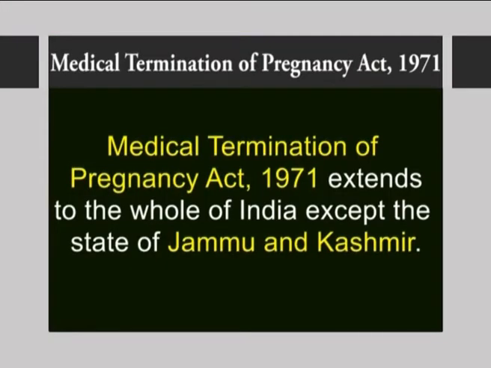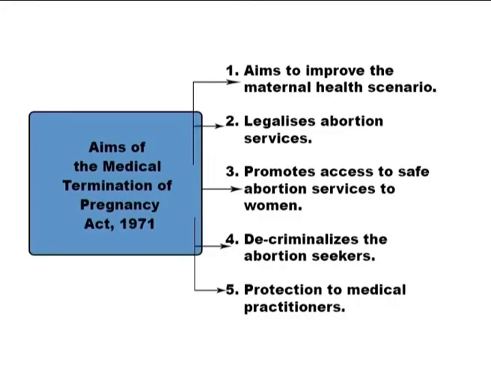Medical Termination of Pregnancy Act 1971 extends to the whole of India except the state of Jammu and Kashmir. Aims of the Medical Termination of Pregnancy Act are: Medical Termination of Pregnancy Act is an enabling act which aims to improve the maternal health scenario, legalize abortion services, promotes access to safe abortion services to women, decriminalizes the abortion seeker, protection to medical practitioners who otherwise would be penalized under the Indian Penal Code.